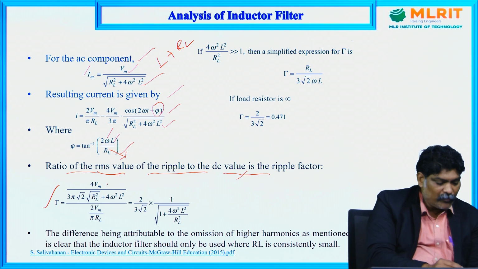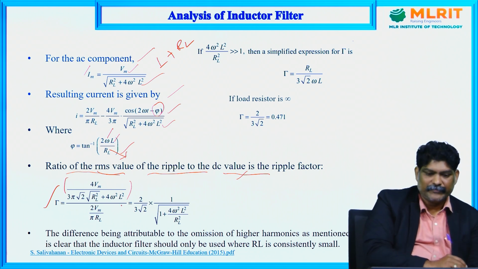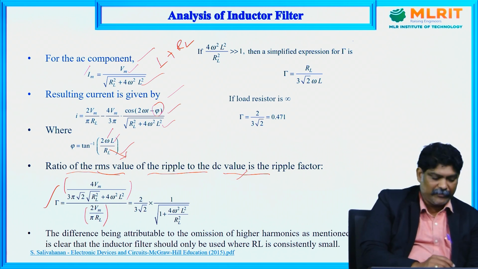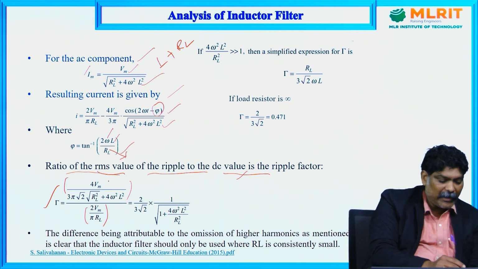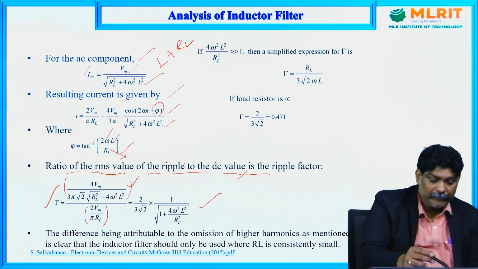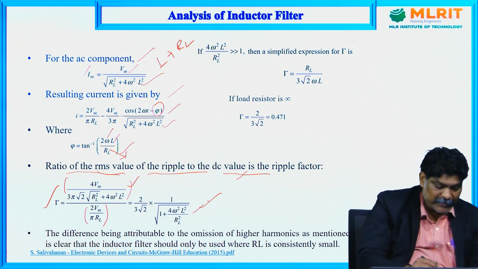The numerator is the RMS value of the ripple, and the denominator is the DC value, 2 Vm by pi RL. If you substitute all these values, you get this expression.